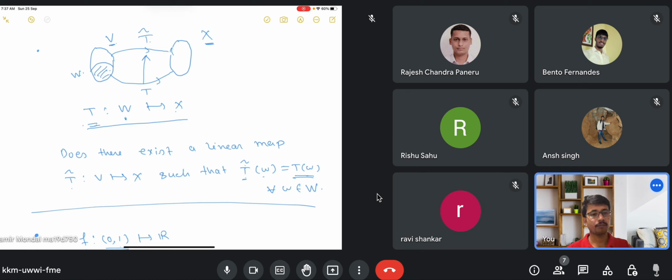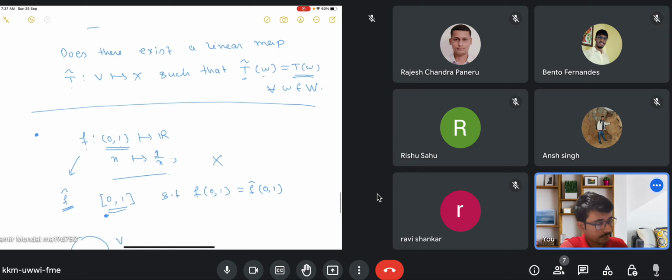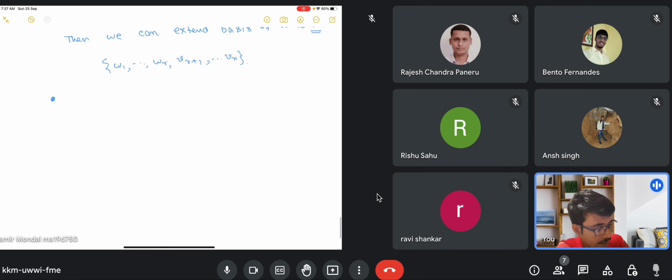So we can start with that: take w1 up to wr as the basis of your subspace W. Then extend this basis to V. How can we find that map, how can one construct such linear transformations?